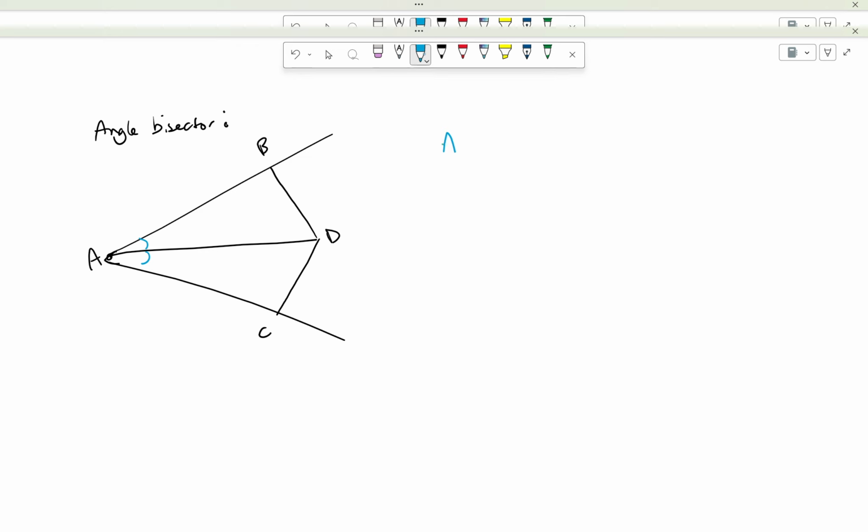That ray AD is the angle bisector. So therefore, angle BAD is congruent to angle DAC. That's just the definition of the angle bisector.